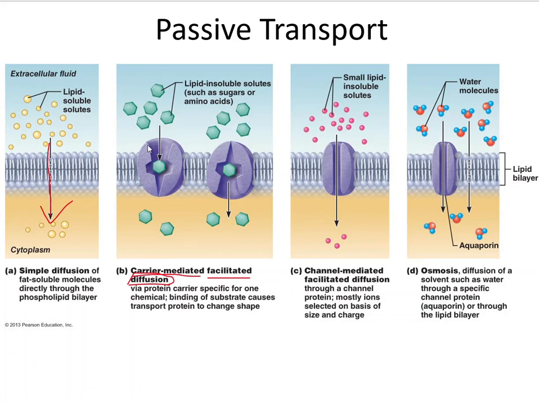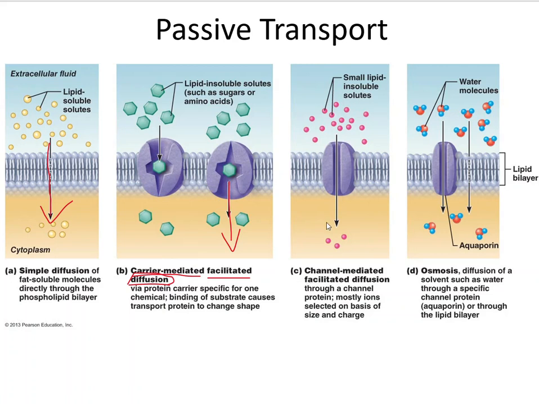What happens is they bind to this guy, and when they bind, he changes shape and opens out this way where they drop in. But they're still going in. The reason I'm not using ATP to force it is these guys are rolling downhill. They're not going uphill. So there's the carrier mediated.